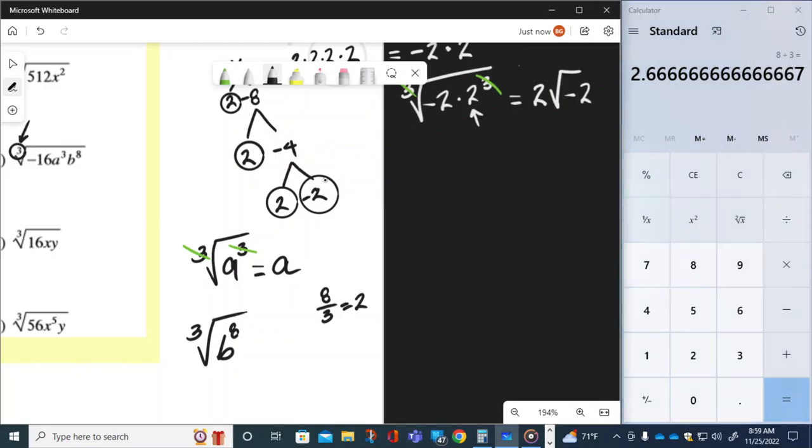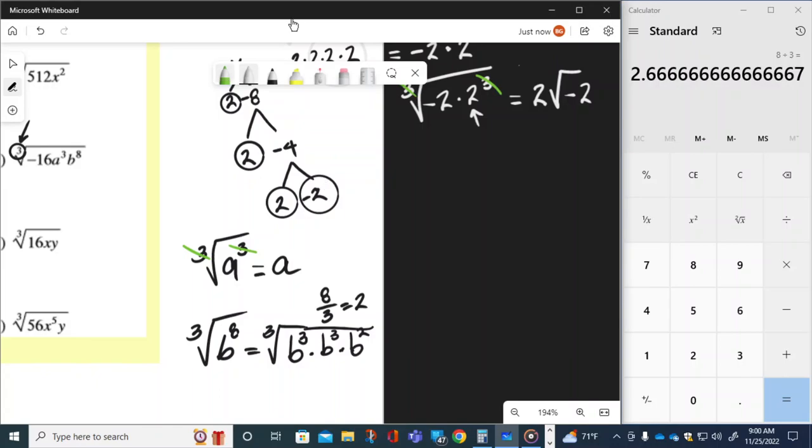Okay, so this here, it's equal to the cubic root of B to the power of 3 times B to the power of 3, right? 3 plus 3, it's 6. How many exponents are left? 2, all right? So I gotta put B to the power of 2, all right?